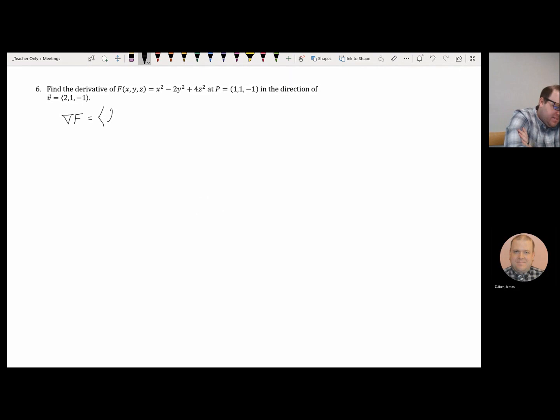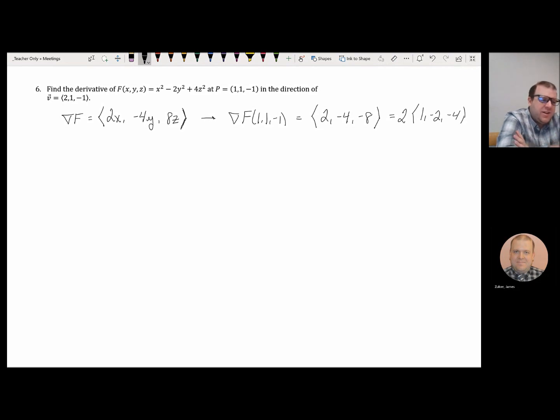The 2x, negative 4y equals z. Let's actually evaluate that at the point. Do negative 4, negative 8. Or we can factor out the 2.